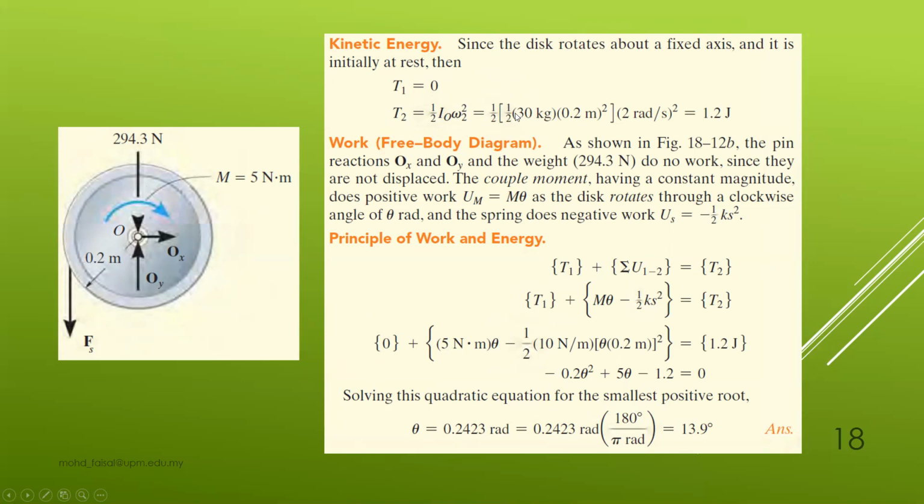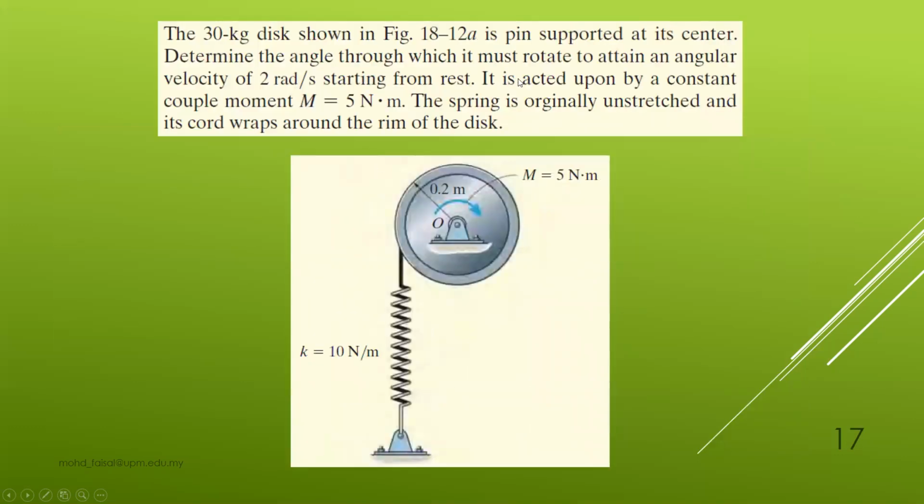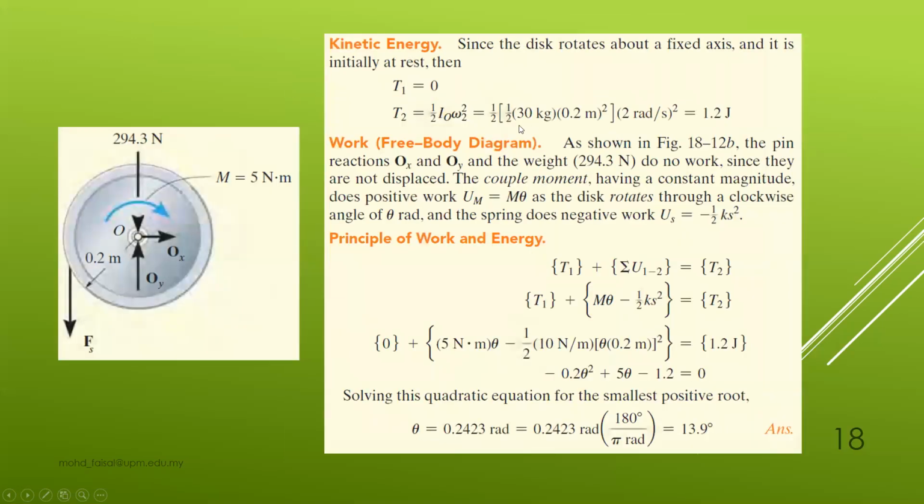It is equal to half m r square. Given r is equal to 0.2 meter, square here and multiply by the omega 2, which is given here 2 radian per second. So you just calculate this one.